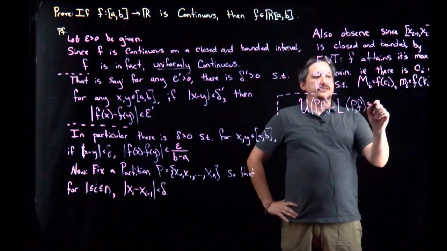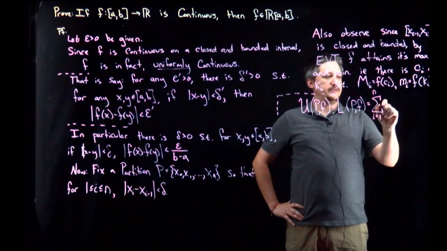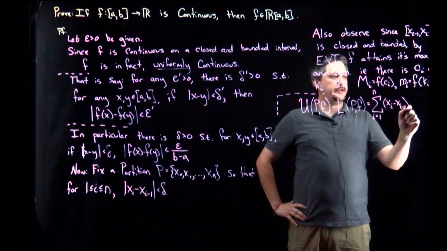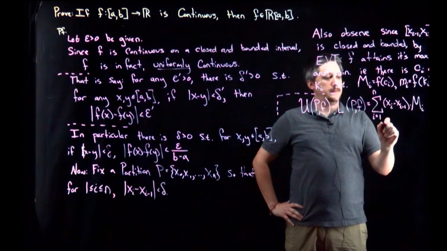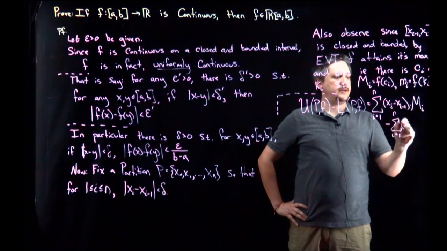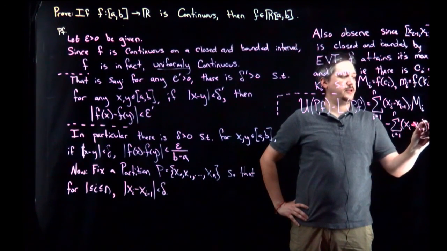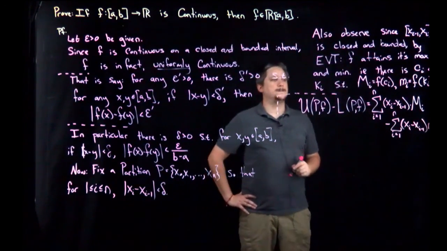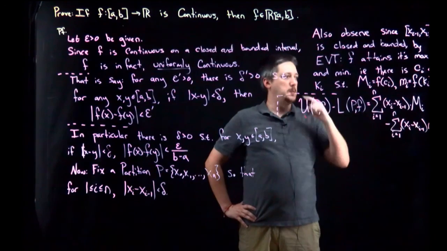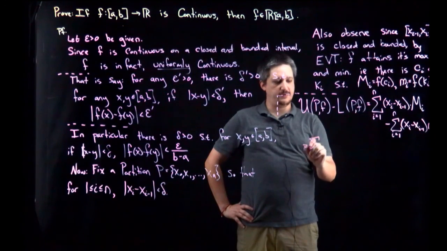So what is this? This is the sum, i going from 1 to n, of (x_i minus x_{i-1}) times M_i, minus the sum, i going from 1 to n, of (x_i minus x_{i-1}) times little m_i. My marker's running out here, sorry. But I know that I have these c_i and k_i. So I'm going to put these things together, because again, they're finite.